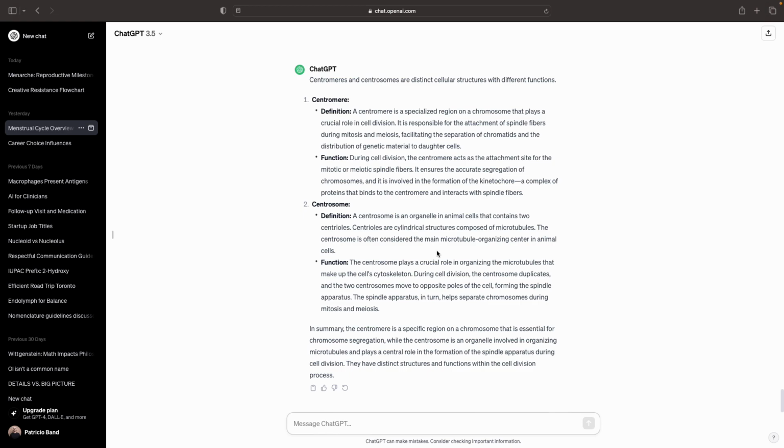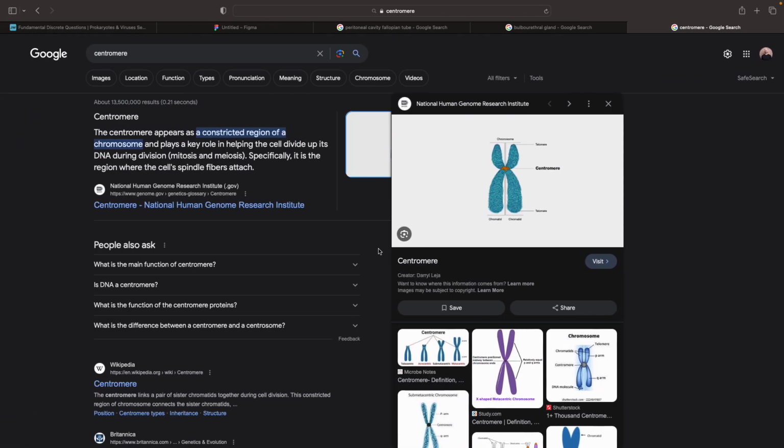It is an organelle that has the centrioles inside it. This is very important. They play a crucial role in organizing the microtubules that make up the cell's cytoskeleton. During cell division, the centrosome duplicates and the two centrosomes move to opposite poles of the cell, forming the spindle apparatus. The spindle apparatus, in turn, helps separate chromosomes during mitosis and meiosis. Beautiful.